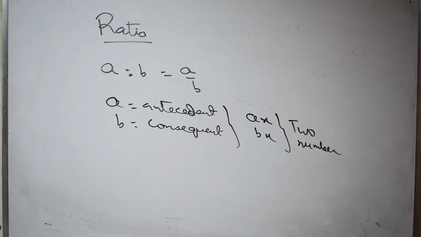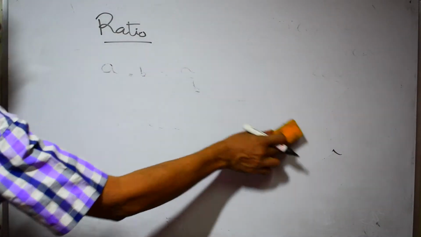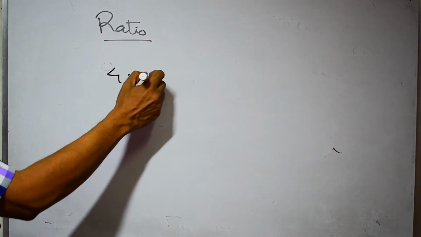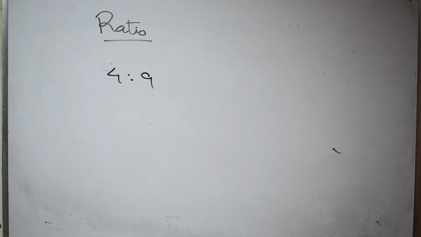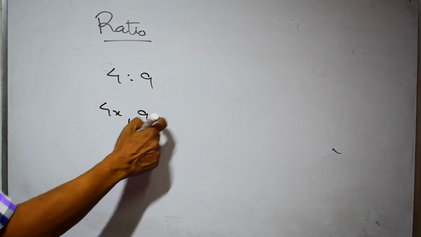This X is not important, but it's important that the two numbers are not exactly A and B. Like if I say 4:9 is the ratio, then we can consider 4x and 9x to be the two numbers.